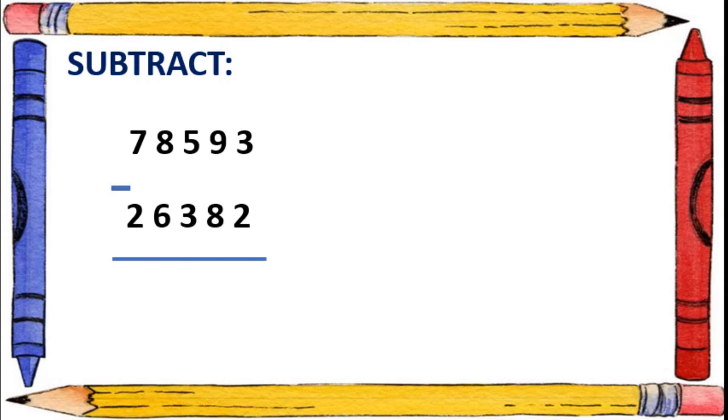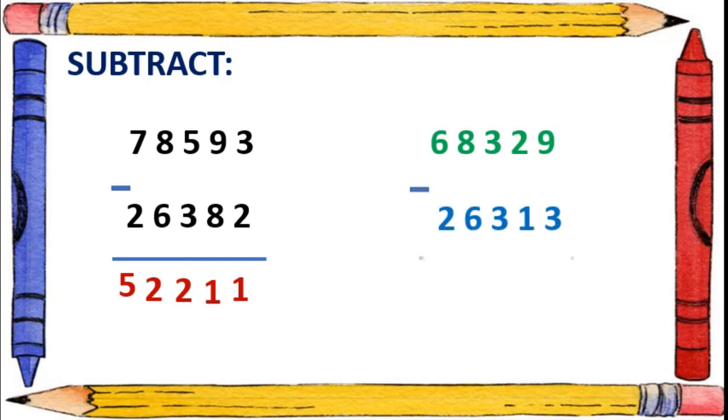Now here 3 minus 2 is equal to 1. 9 minus 8 is equal to 1. 5 minus 3 is equal to 2. 8 minus 6 is equal to 2. 7 minus 2 is equal to 5. Yes, dear students, try to write the answer below in proper places. Okay, in straight line it should be.